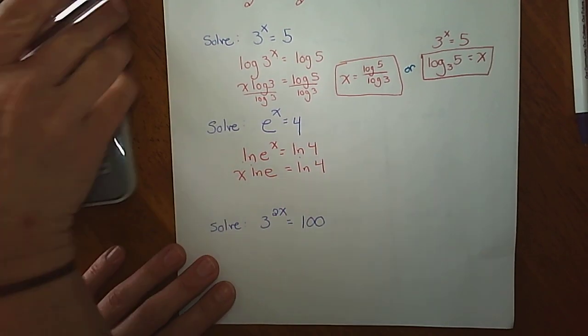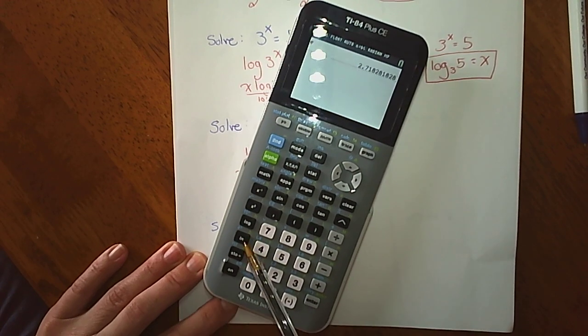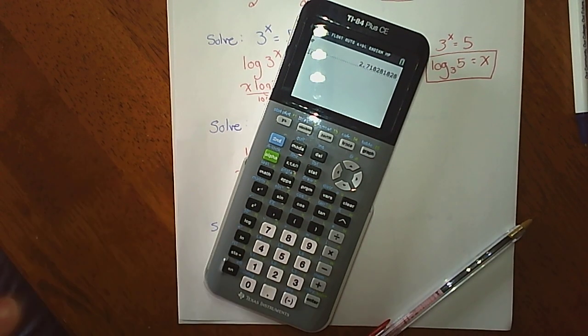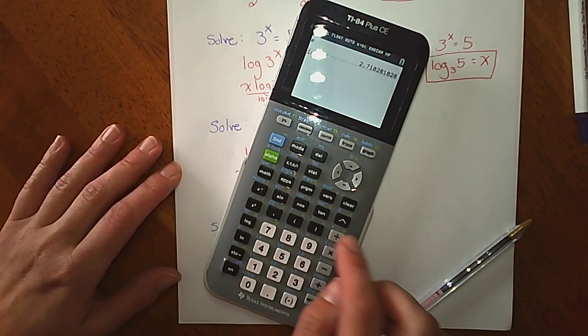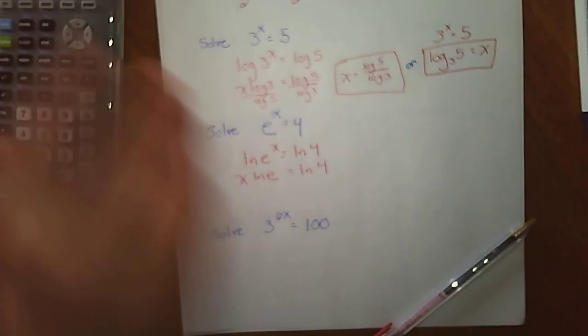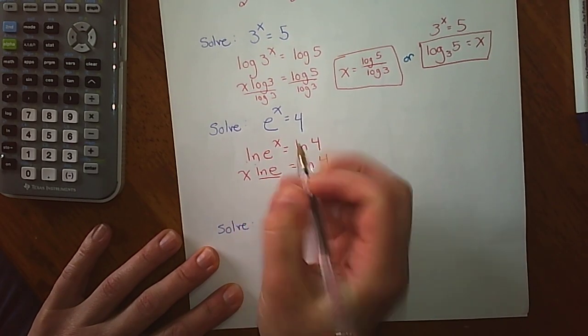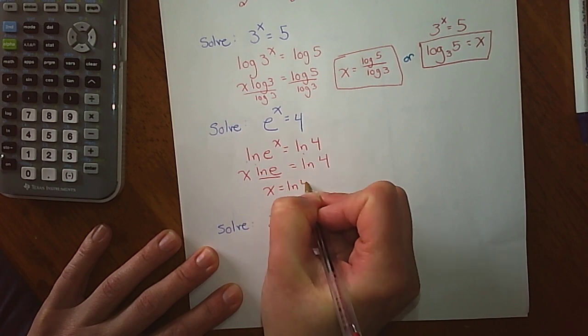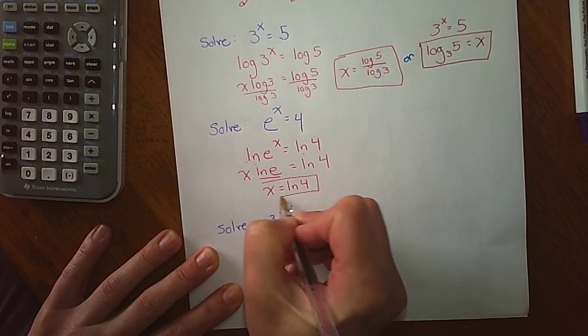Now, this is special. I'm going to show you something. There's its own natural log button right here next to the 4. If I hit natural log and then I put in e, look what I get. I get the number 1. So this guy becomes the number 1, and that becomes x equals natural log of 4.